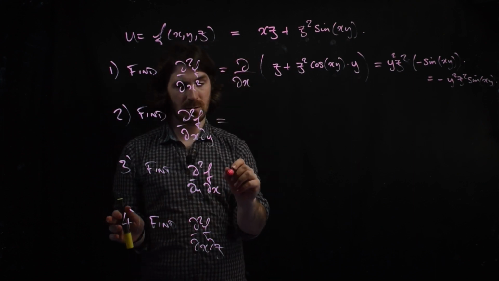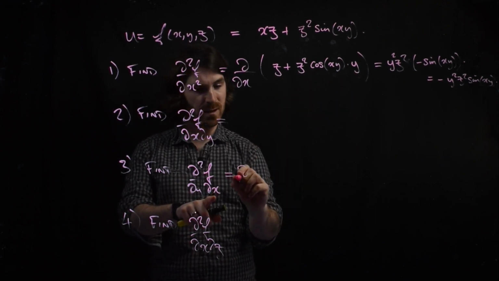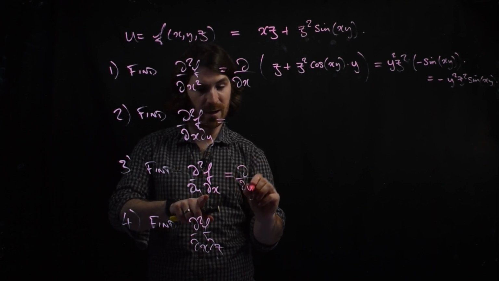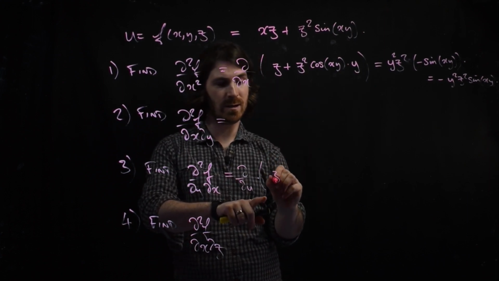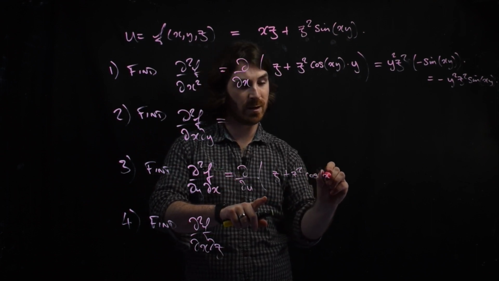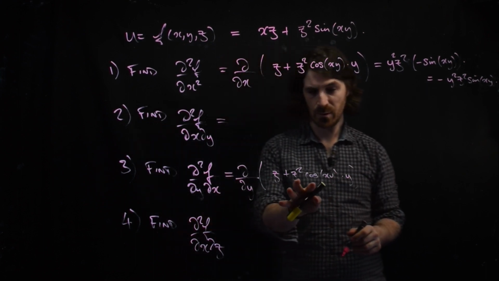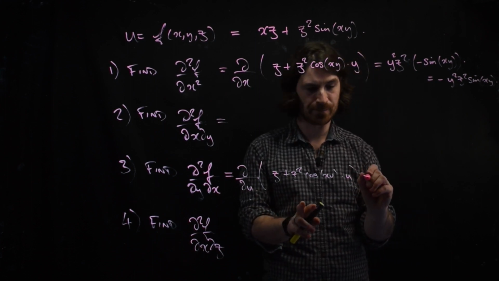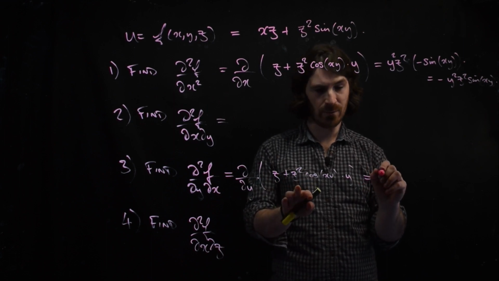Let's do this one first because we've already got df by dx. d2f by dy dx is d by dy of df by dx. And df by dx is z plus z squared cosine xy times y, so let's put it in like that. We want to differentiate this with respect to y, holding x and z constant now. So again, dz by dy goes, and we've got z squared.